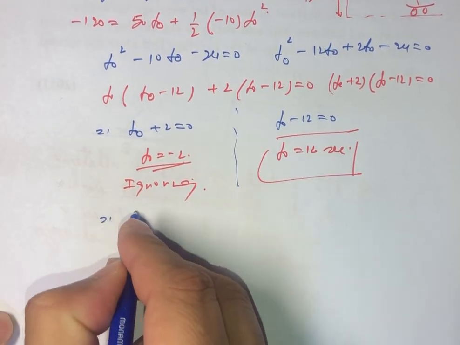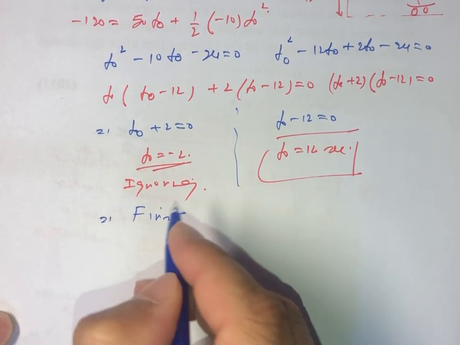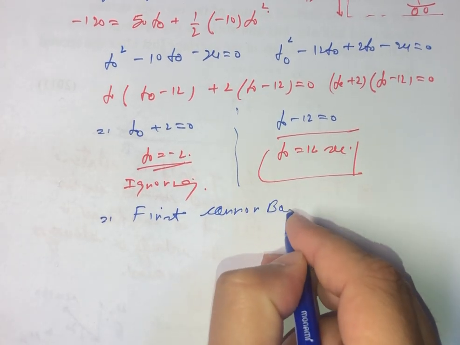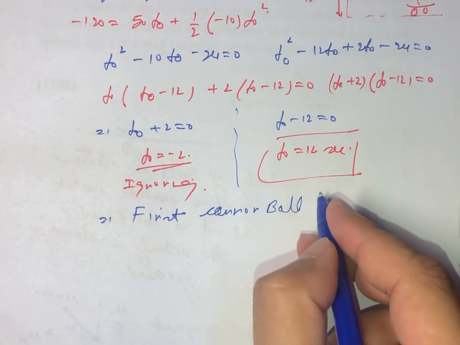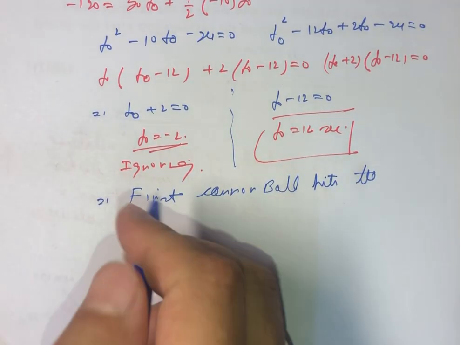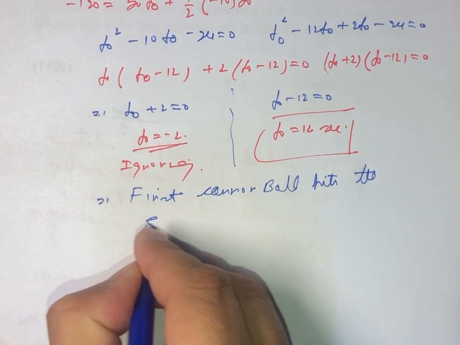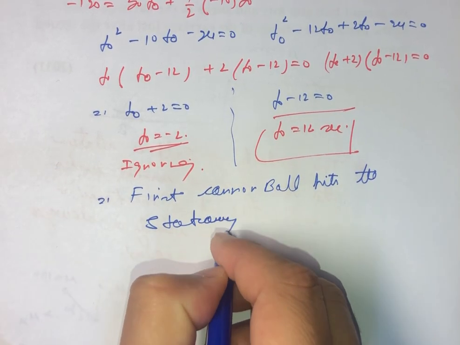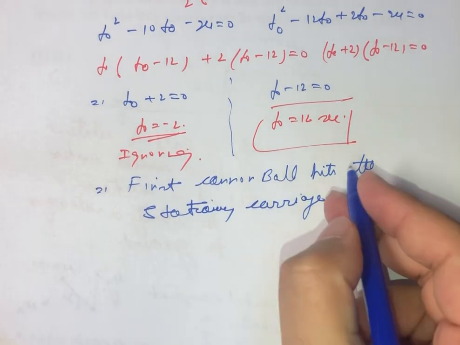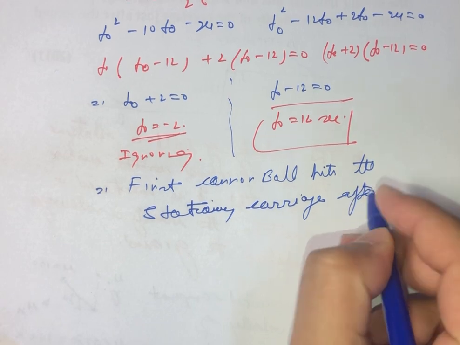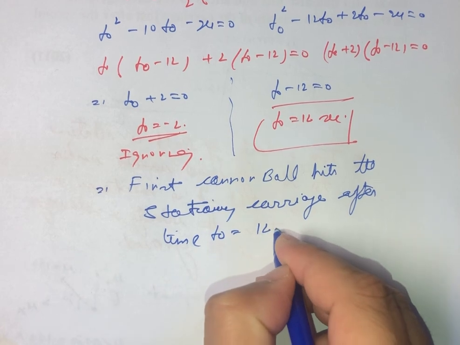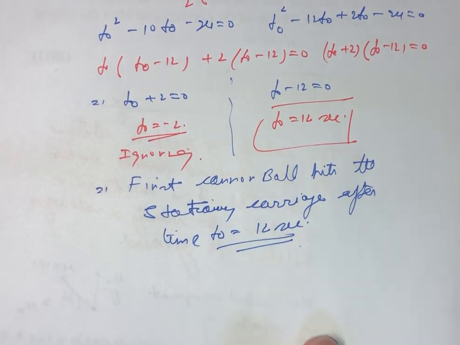Means first cannonball hits the stationary carriage after time t naught, which comes out as 12 seconds.